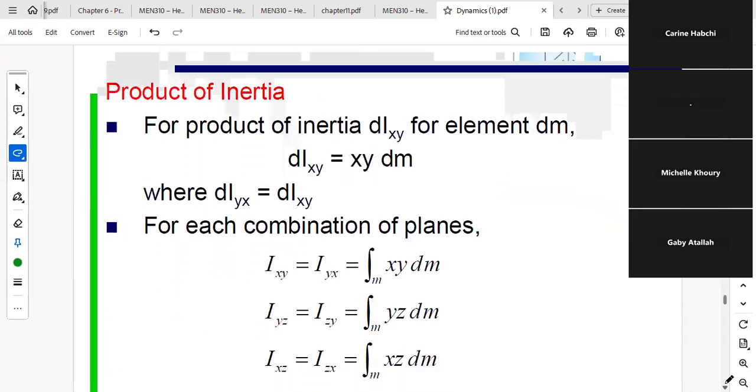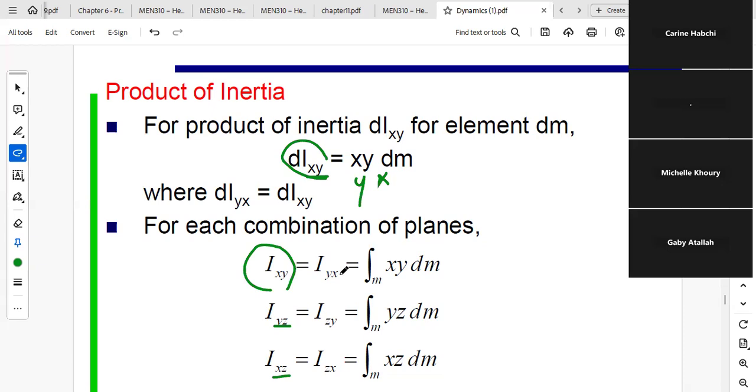When we talk about the product of inertia, it's Ixy or Iyz or Ixz, and the elementary product of inertia is x times y dm. So Ixy is the integration over the mass of xy dm. Because x times y equals y times x, Ixy is equal to Iyx. The same for Iyz equal to Izy, and Ixz equal to Izx.